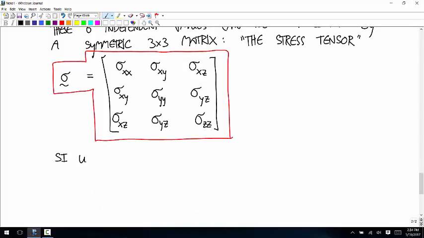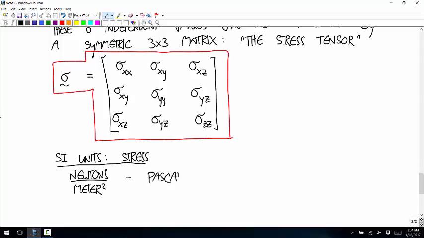The SI units for stress are newtons per meter squared. And that's given its own name, the Pascal, or capital P lowercase a.